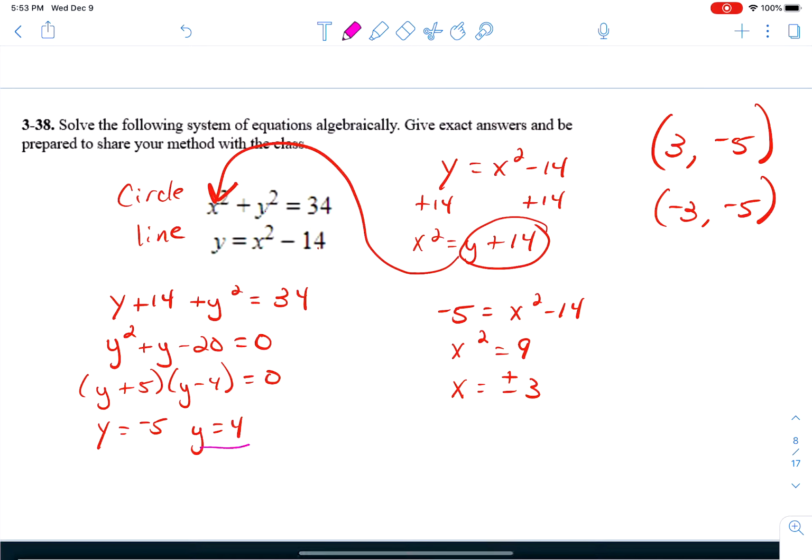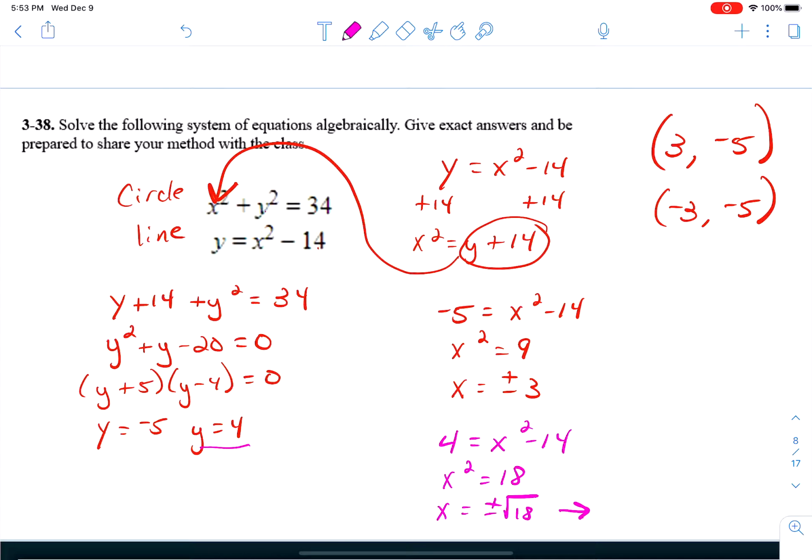Now I'll work with my y equals 4. So plugging 4 into that equation, x squared is equal to 18. So x is equal to plus or minus the square root of 18.